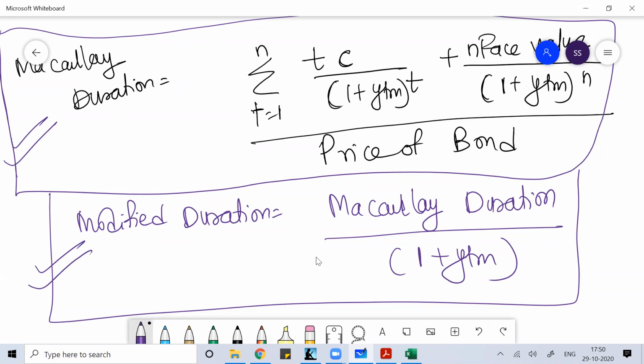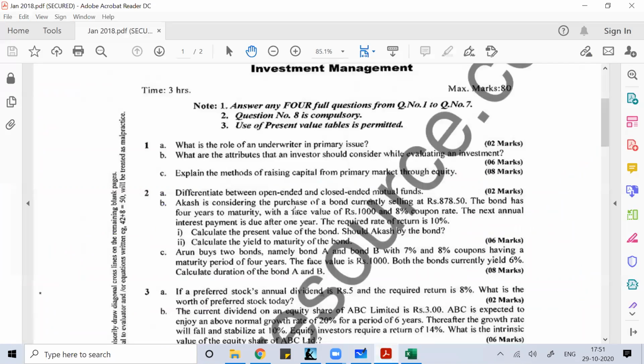Okay, everyone. Anyone, any doubt? Any question you want to ask? These two formulas are important for us. In exam also we get numericals on this question.